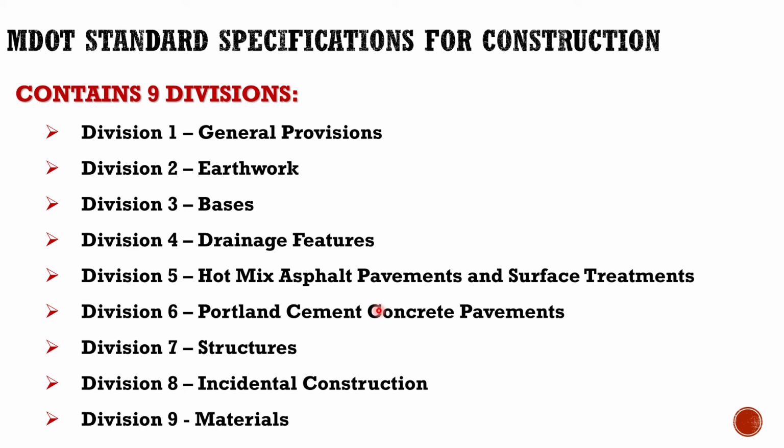These are standard specifications, the MDOT and the WisDOT, and then the CSI are construction specifications. I just wanted you to be familiar with them, know where to find things, and get digging into them so you can answer questions.